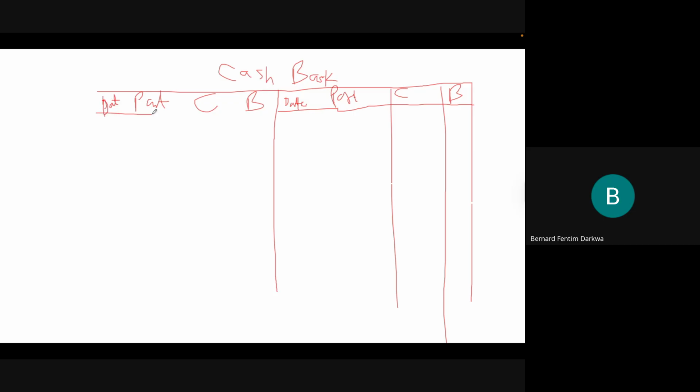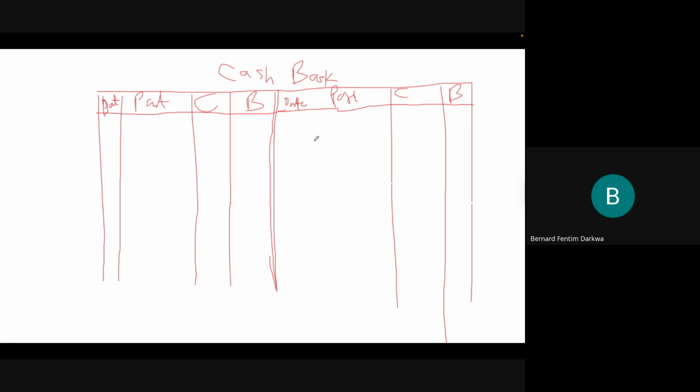Let's assume that you have our cash book like this. This is a double line indicating that this is the middle of the cash book.